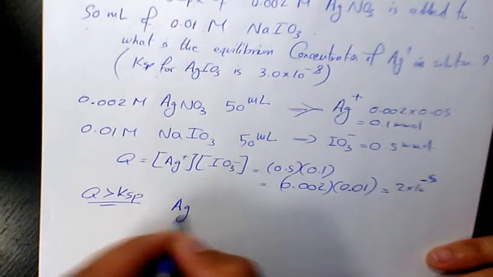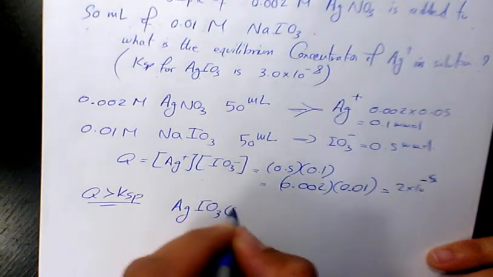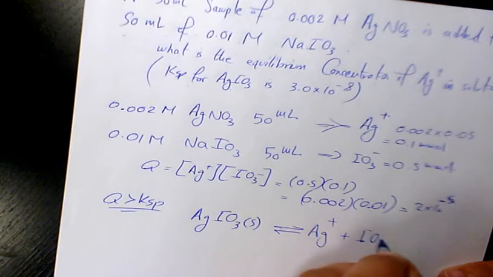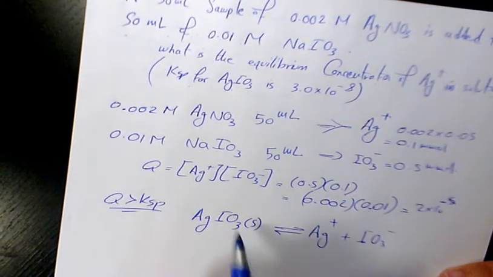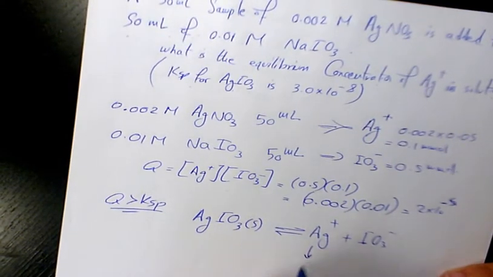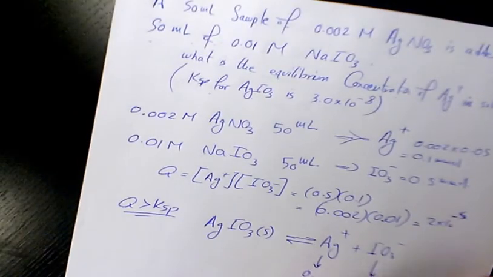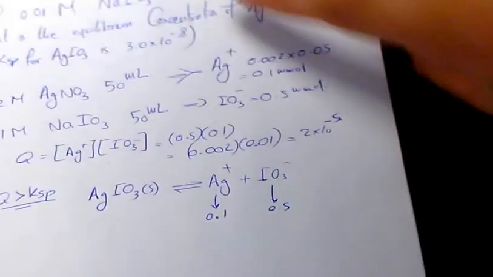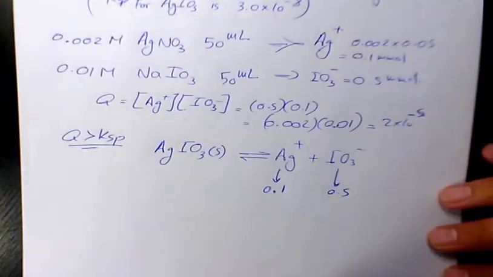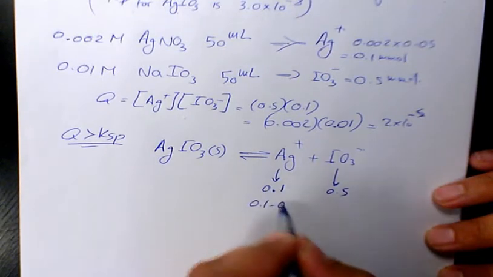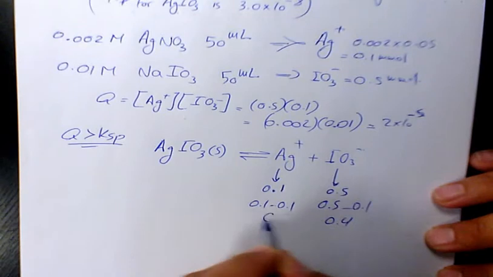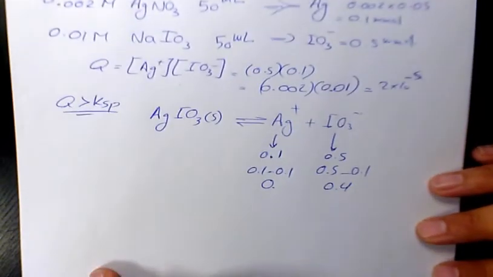If I write the precipitation reaction, solid is going to give us these two ions. We have 0.5 millimole of iodate and 0.1 millimole of silver. When they react, it's going to be 0.1 minus 0.1, which is 0, and here 0.5 minus 0.1, which is going to be 0.4.